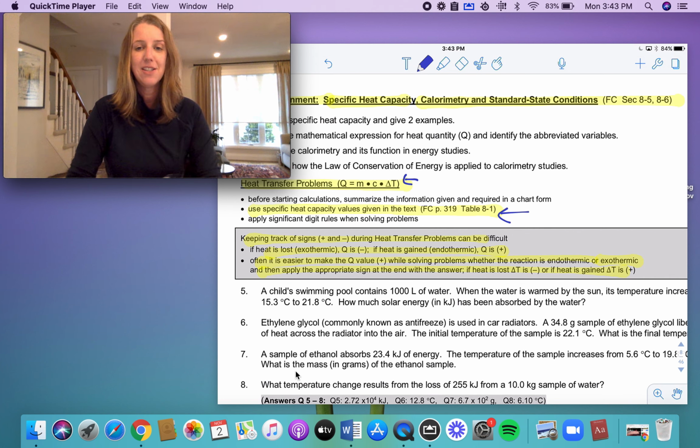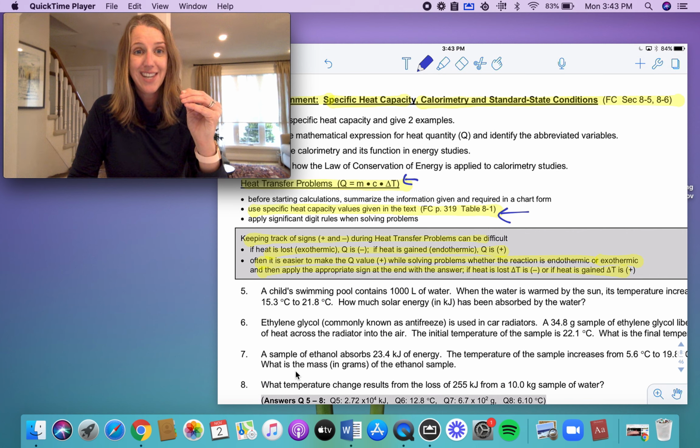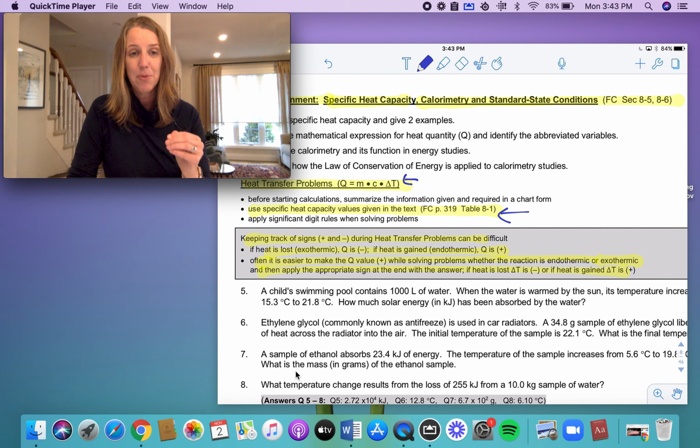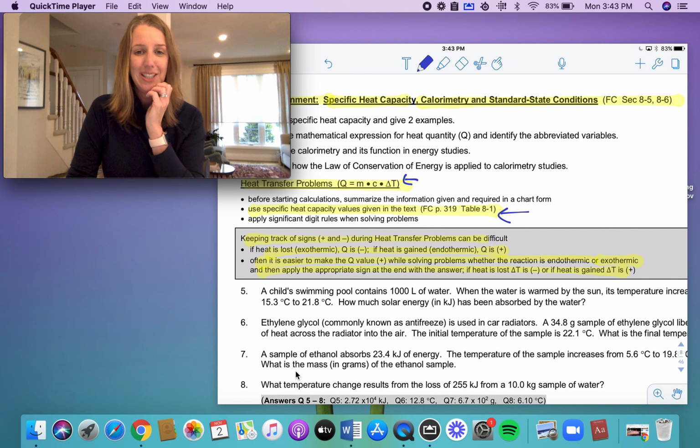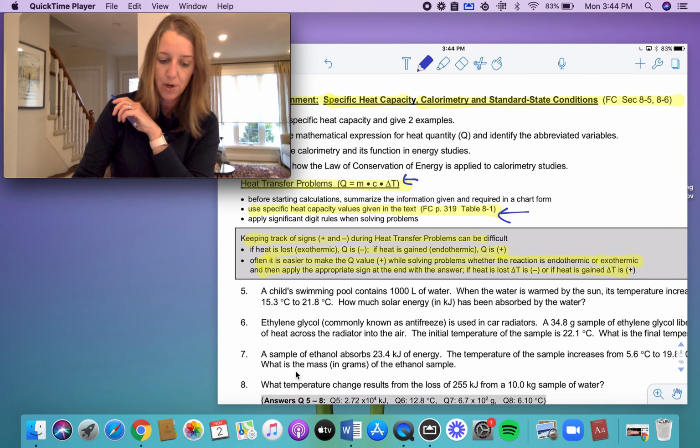So if you watch some of my solution sets, you can see that, right? And it just makes sense. Like, did the temperature go up or did the temperature go down? And if the temperature went down, then it got colder. If the temperature went up, it got hotter. But sometimes when you add a negative in, it just makes it a little bit harder to problem solve. Okay, so they're a little bit tricky, but I want you to work away at those problems.